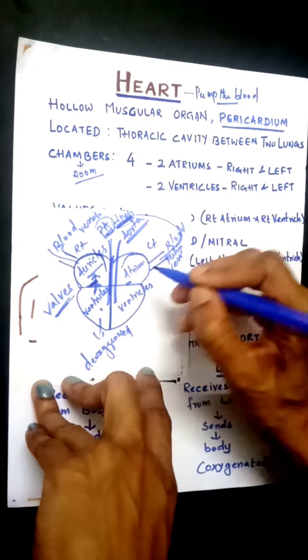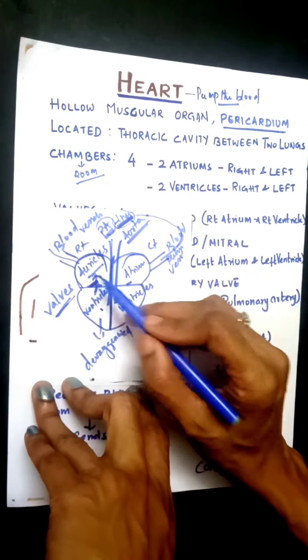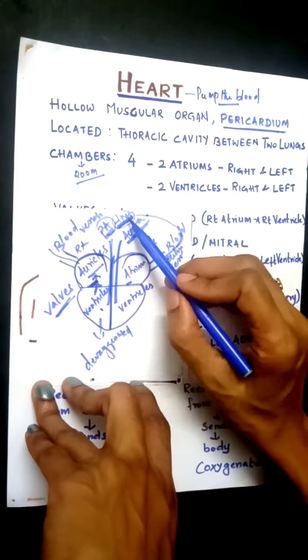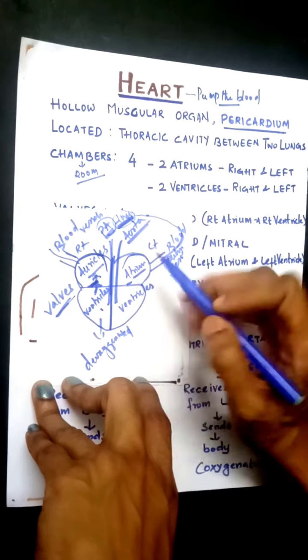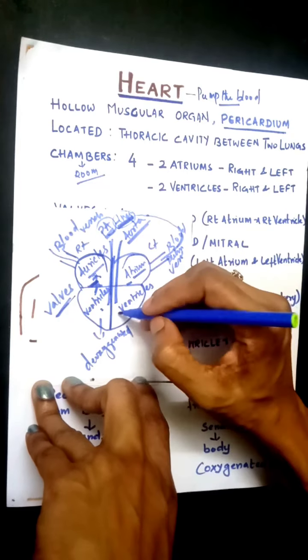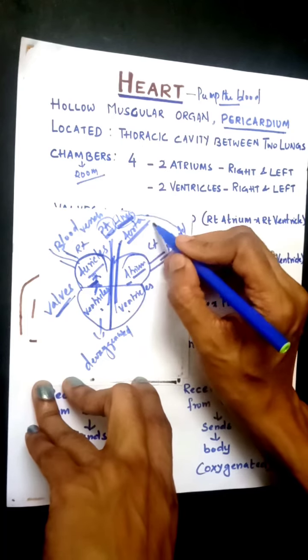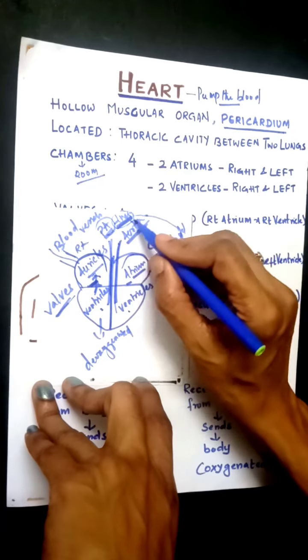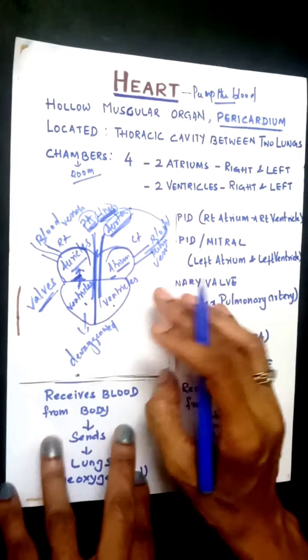The pulmonary vein enters the left atrium, the other side of the heart. See here, there is no mixing of deoxygenated and oxygenated blood. From the lungs, the oxygenated, purified blood enters the left atrium. From the left atrium, the blood is pushed into the left ventricle, and from the left ventricle it is sent through the aorta to different parts of the body. Now the body can receive oxygenated blood from the aorta. So this is what normally happens inside the heart.